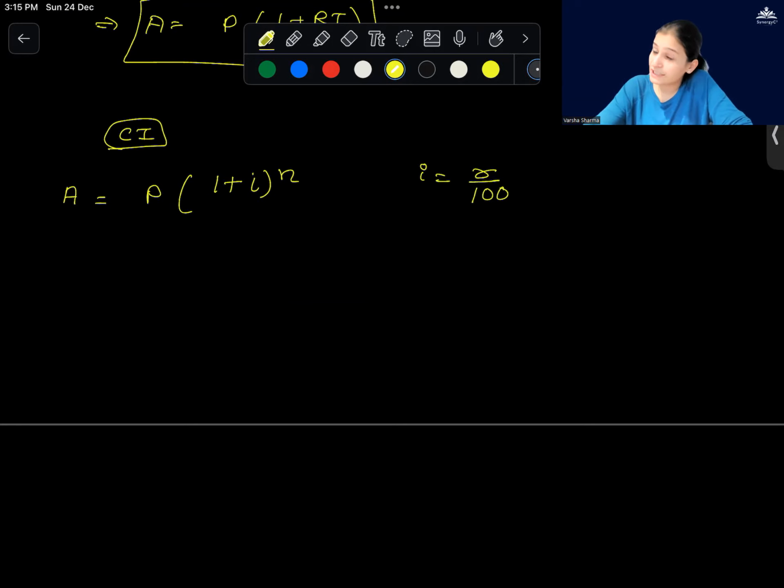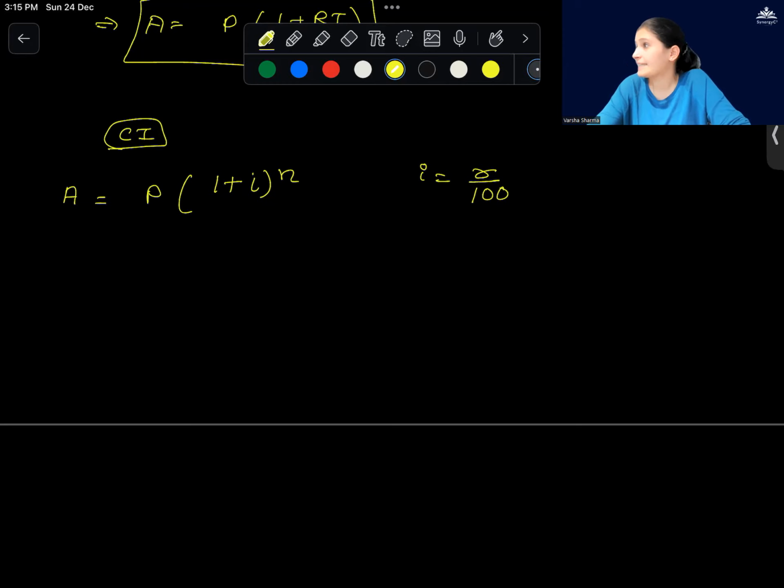Now, if it is half yearly, for example, my interest rate is 12%. If I'm calculating it annually at 12%, what is my compounding value? 1.12. If I'm calculating it half yearly, first 12% becomes 6%.